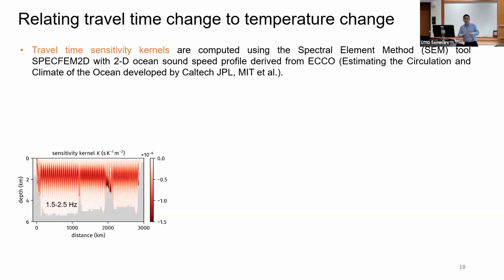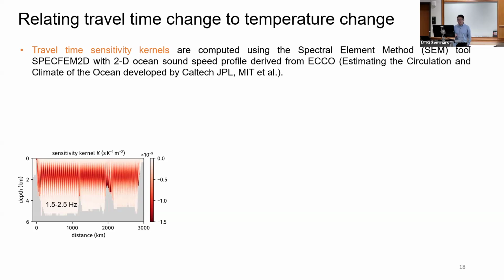The ECCO group combines all the observational data, including satellites, Argo, and hydrographic data, as well as ocean physics modeling. So there's physics modeling in ECCO. We extract their temperature and salinity data to construct our sound speed profile, and then run SPECFEM2D simulations. We are going to talk about ECCO a lot in the following.